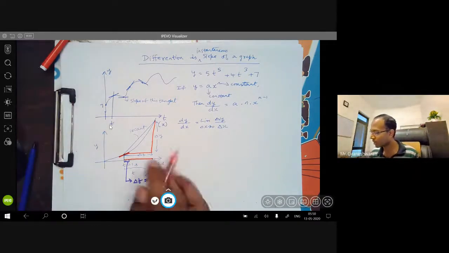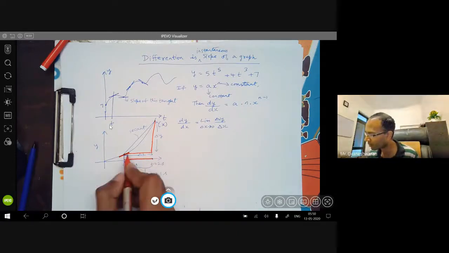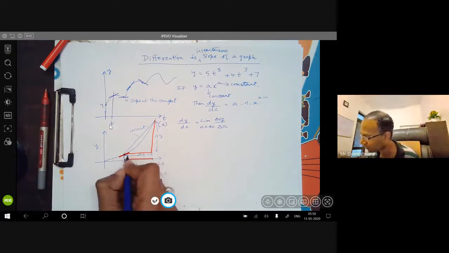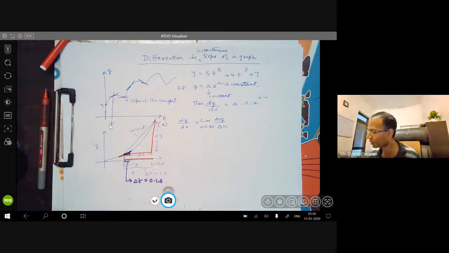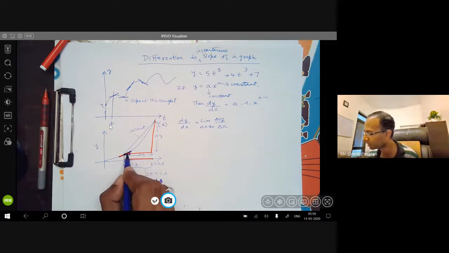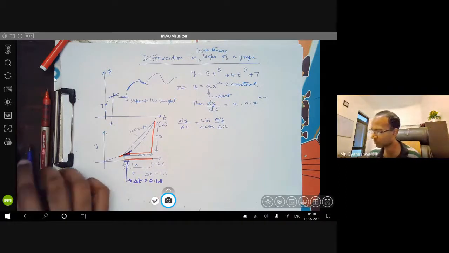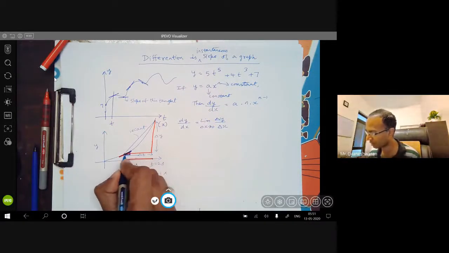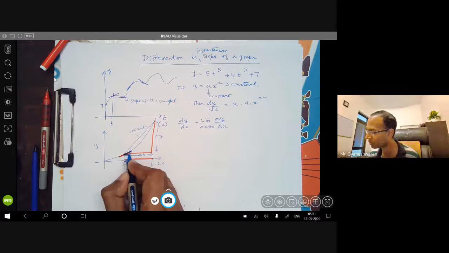Now, as you shrink this delta t to this much value, delta y would be this much, and the slope would be this. As you can see, the slope of the secant almost coincides with the original slope, this red line. The original slope of the tangent at t equal to 1 second almost coincides with the secant when delta t approaches 0.